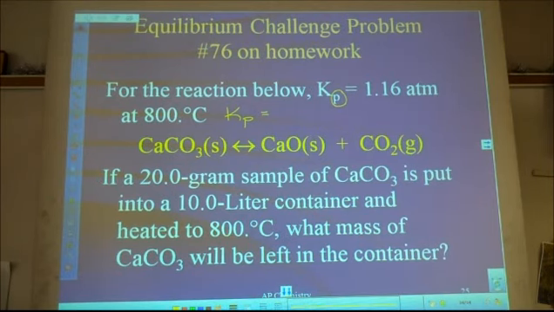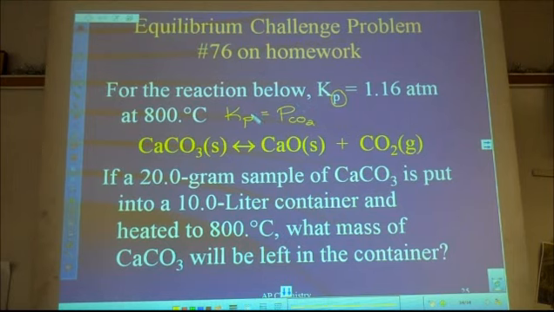To refresh your memory, what state or states of matter are permissible in a Kp expression? Gases only. Don't use brackets. Don't you dare write brackets.